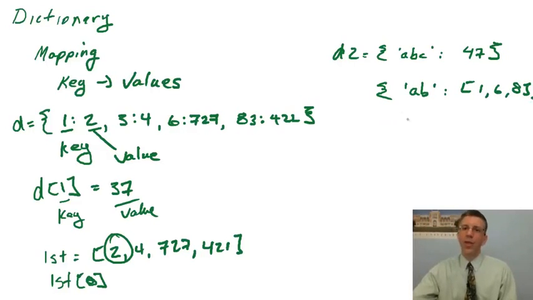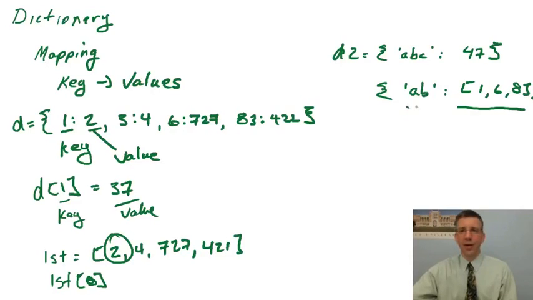Okay, so in many ways, the values can be arbitrary Python objects. The keys are a little bit more constrained. I don't really want to go into too heavily what the constraints on the keys are, but you can use numbers and you can use strings, okay, and that's probably the most common elements that you'll find as keys in dictionaries.